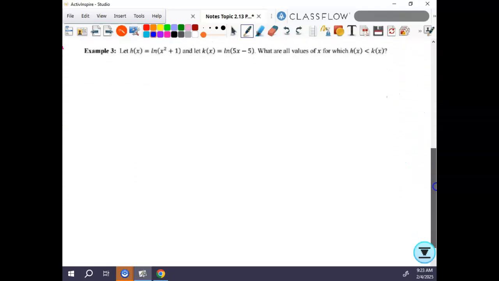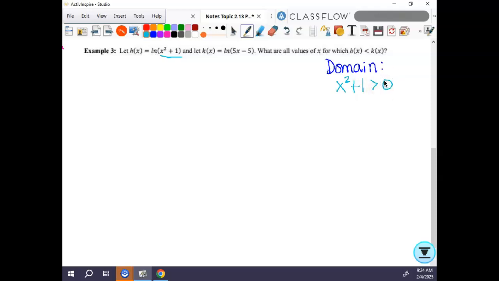So number 3, what are we going to start with? Domain. All right, so I'm starting with my domain. I know that x squared plus 1 has to be greater than 0.